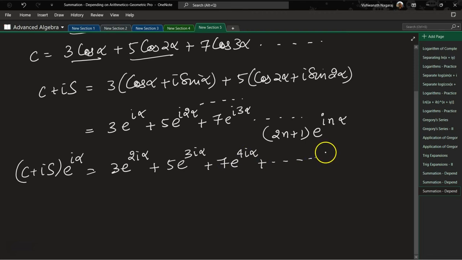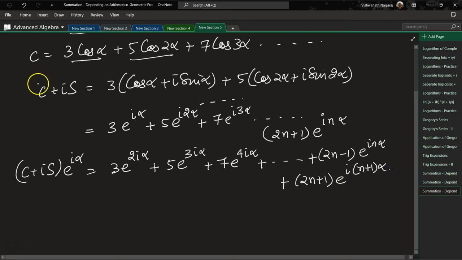And here this will become the previous term, 2n minus 1 e to the power of i n alpha. And finally this is plus 2n plus 1 e to the power of i times n plus 1 alpha.